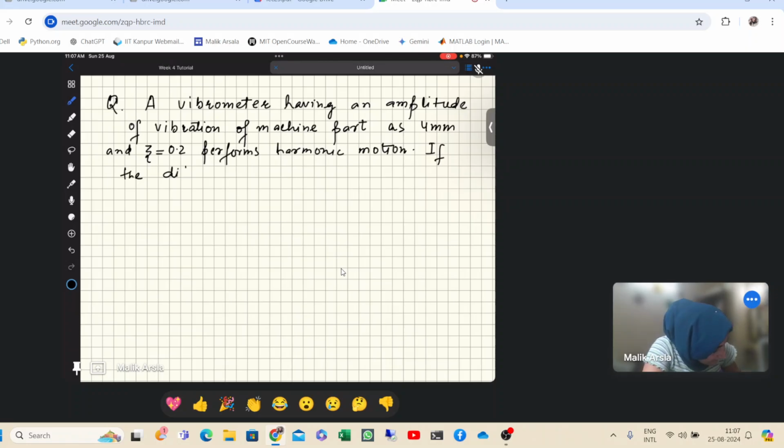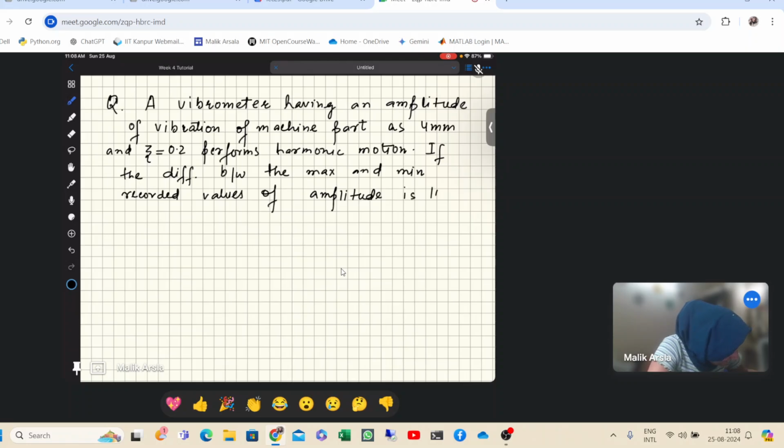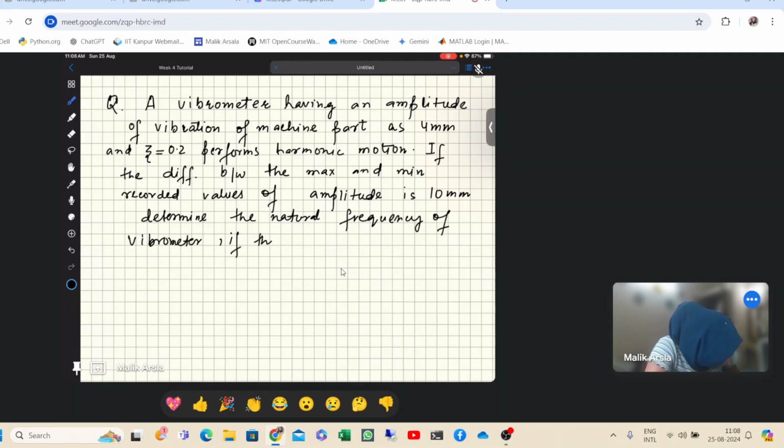If the difference between the maximum and minimum recorded values of amplitude is 10 mm, determine the natural frequency of the vibrometer if the frequency of the machine part, basically the vibrating part, is 12 radians per second.